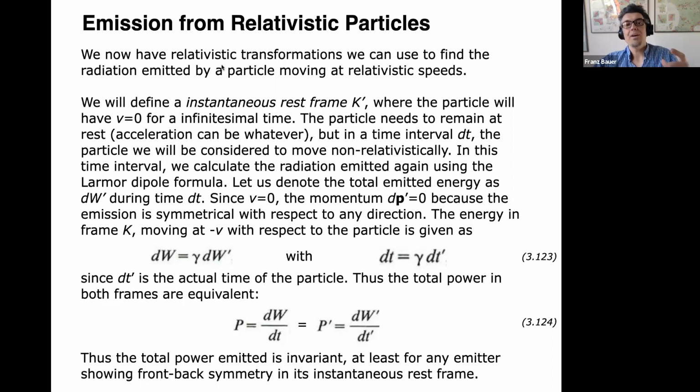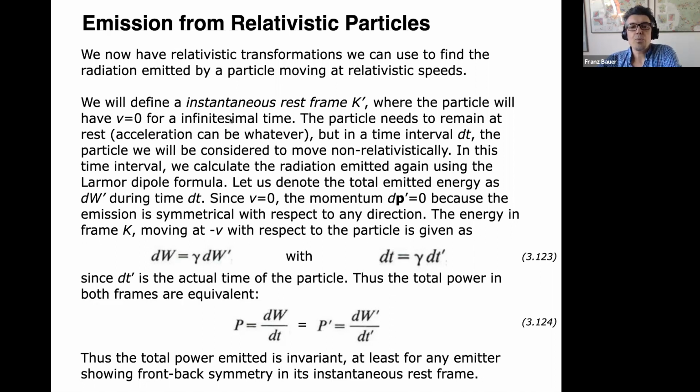We've set up what the Larmor equation, or the Liénard-Wiechert potentials, look like for a relativistic case. And now we want to transform it using some of this extra nomenclature. We want to find the radiation emitted by a particle moving at relativistic speeds.